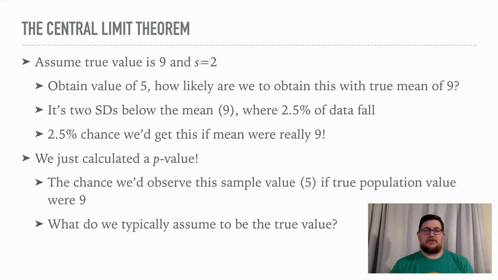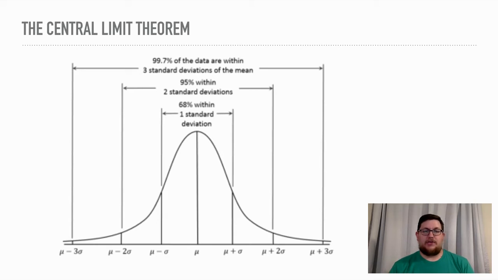If you were to go back and look at this figure, you will see that 2.5% of the data fall 2 or more standard deviations away from the mean, below the mean.